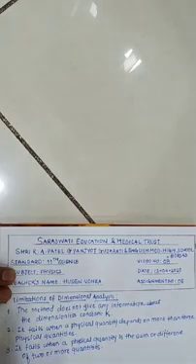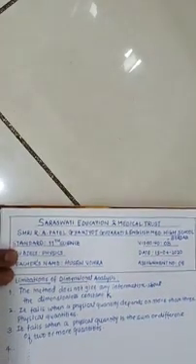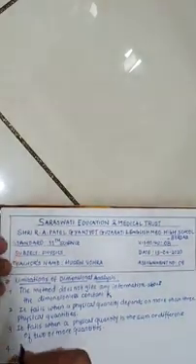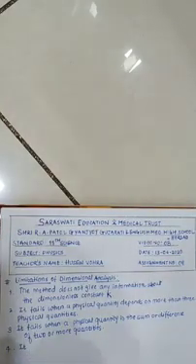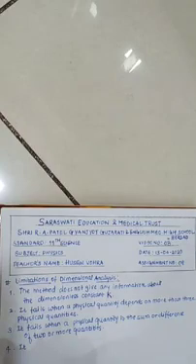Clear? Fourth point: it fails to give information regarding trigonometric ratios. Trigonometric ratios means any trigonometric ratios where the dimensional formula fails.